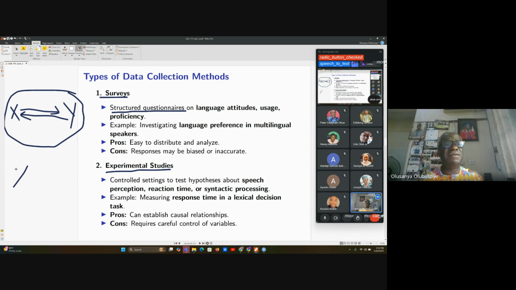You could also have X causing Y, but Y does not cause X in return.